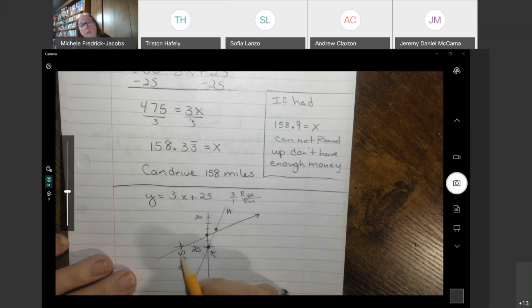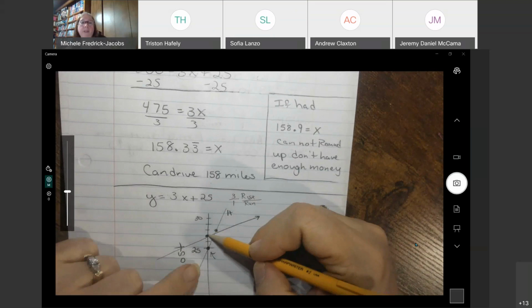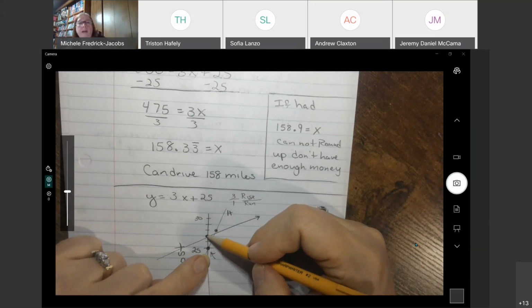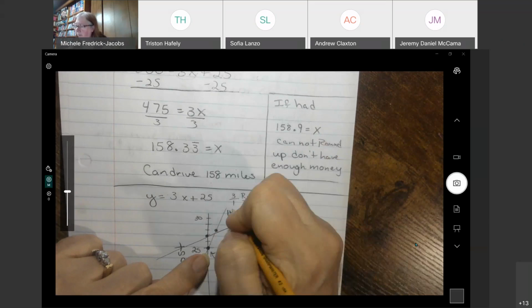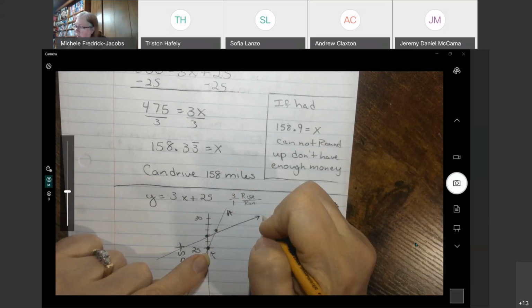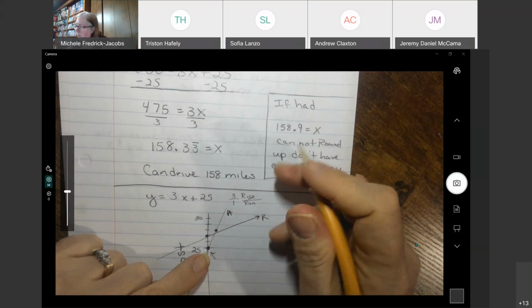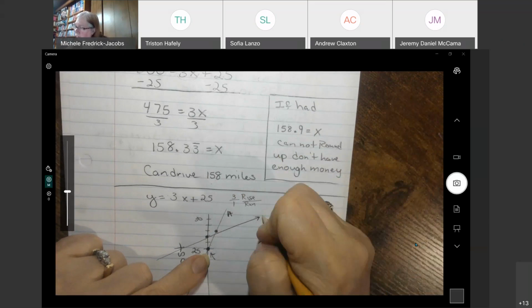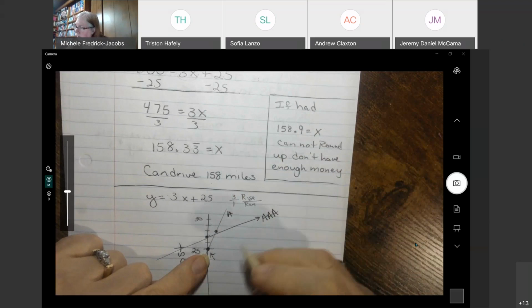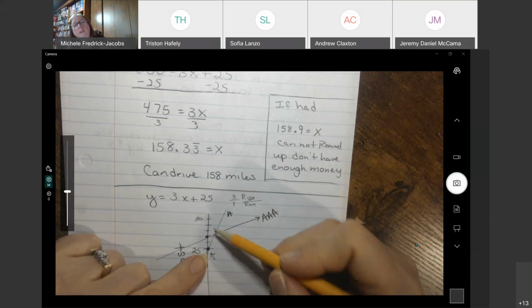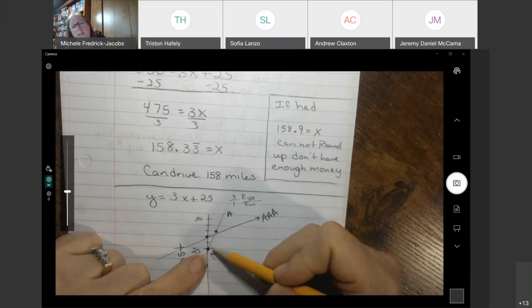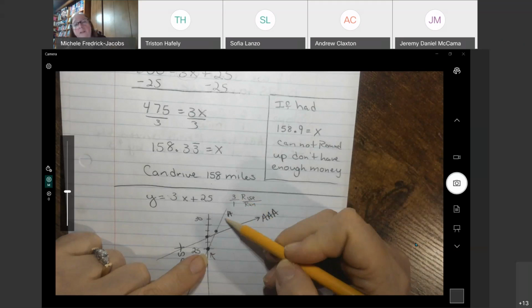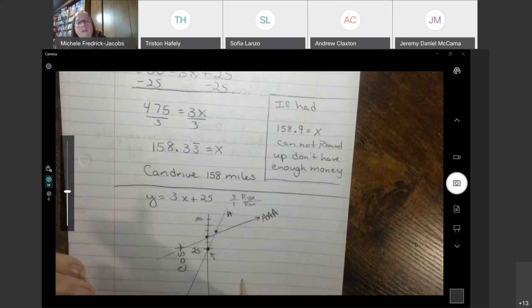Hertz and, I don't know, AAA. And so maybe that one starts higher, but its rate is lower. So then if you're going a lot of miles, this one's going to cost a lot more than this one. And so by looking at the graph, that's one way of seeing it.